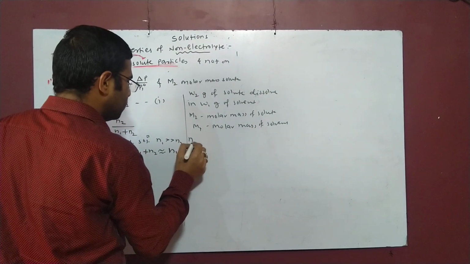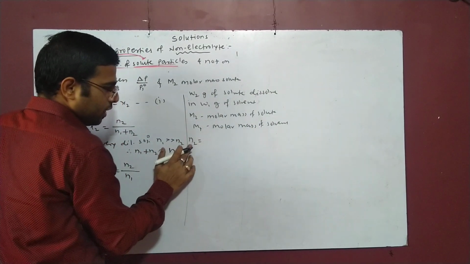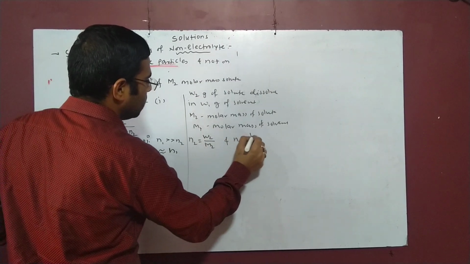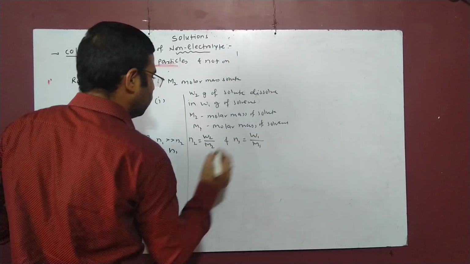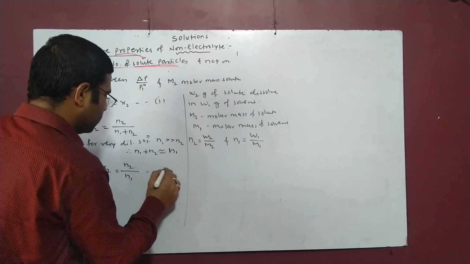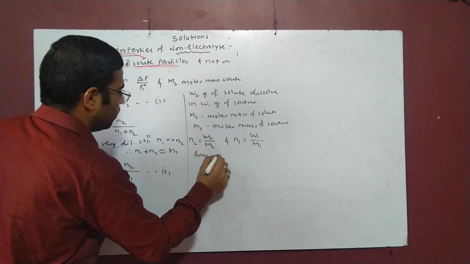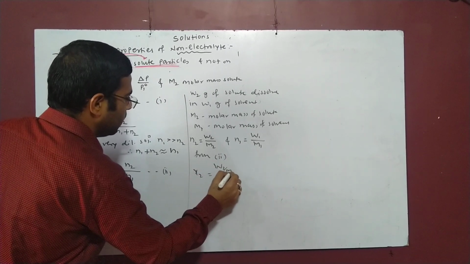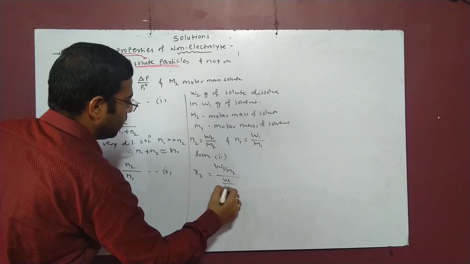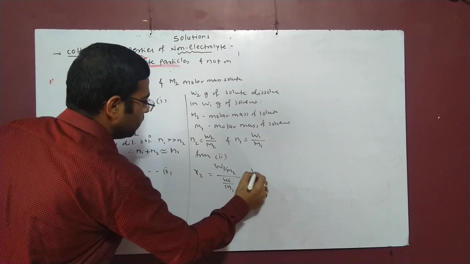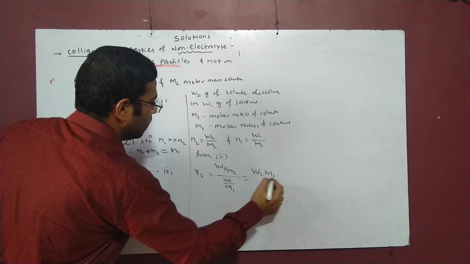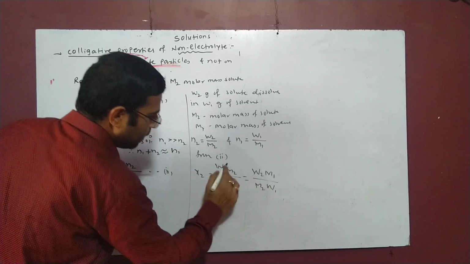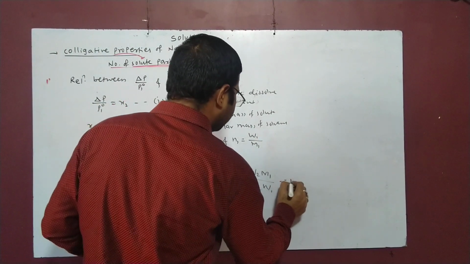According to the definition of number of moles, N2 is W2 upon M2 and N1 is W1 upon M1. So here we call this equation 2. From 2, X2 will be W2 upon M2 divided by W1 upon M1, which is nothing but W2 M1 upon M2 W1. This M2 comes to the denominator and M1 goes to the numerator.